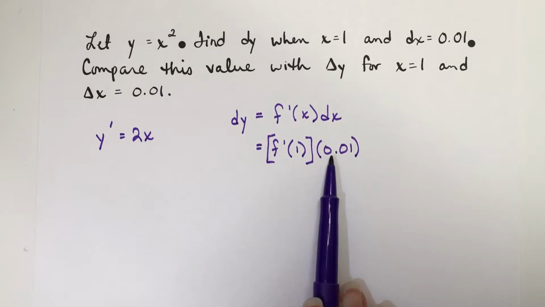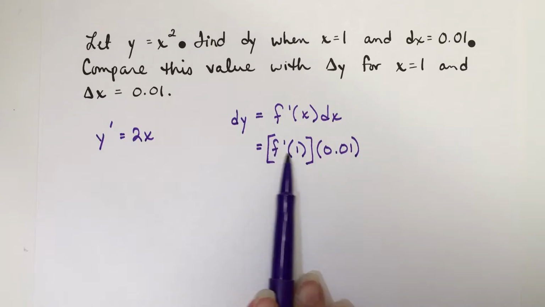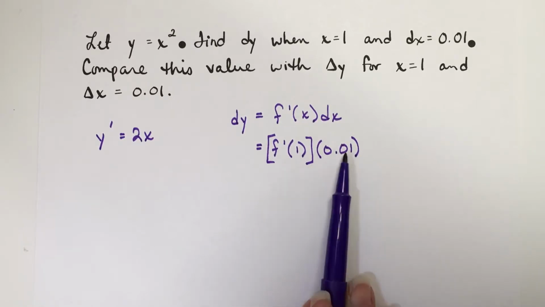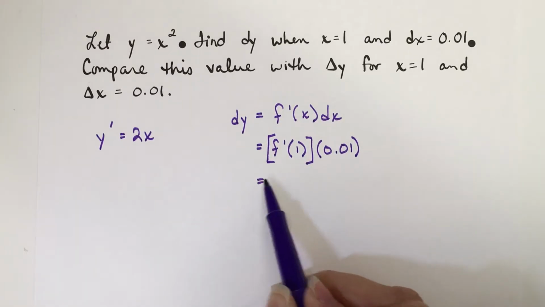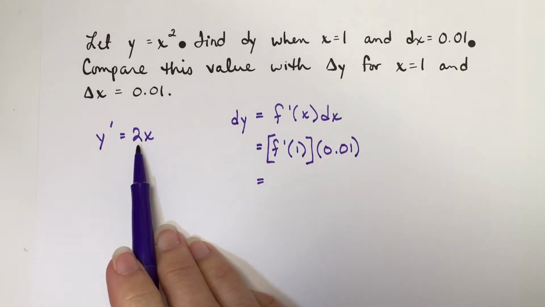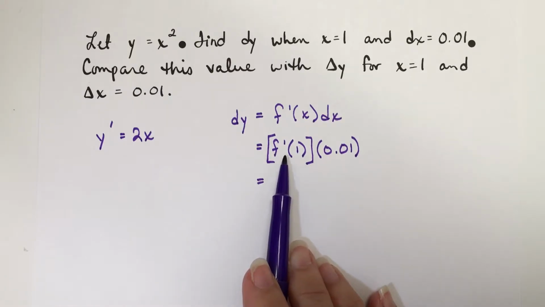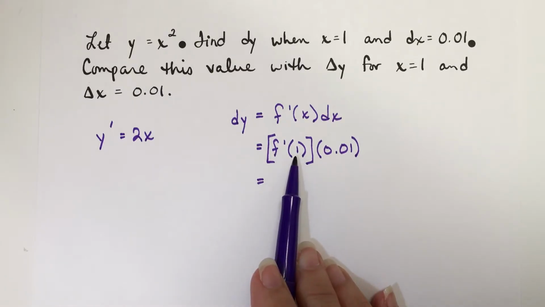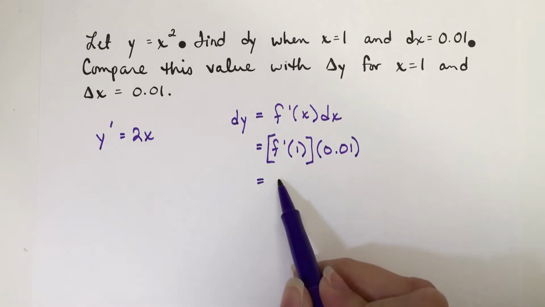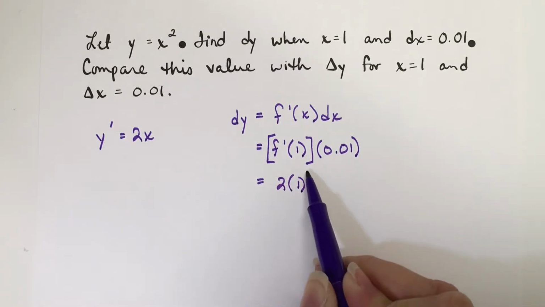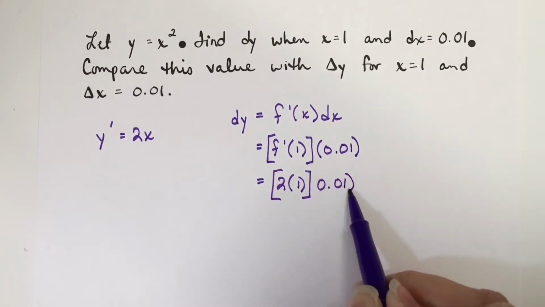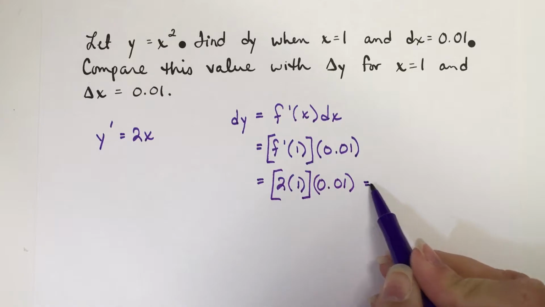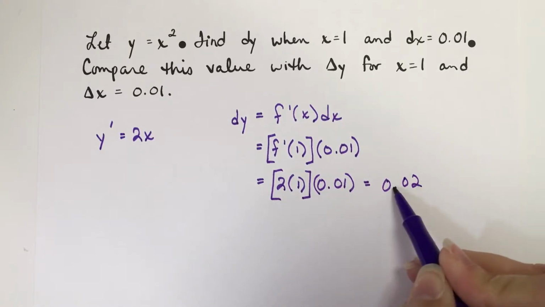I don't want you to think that you're multiplying 1 times this, you're actually doing the derivative evaluated at 1 times this, okay? Now, your derivative is 2x, okay? So you need to evaluate your derivative at 1. So that means you need to take your 1, substitute it into your derivative, so that's 2 times 1, and then you're going to multiply this times the 0.01. And that's going to give us a value of 0.02.